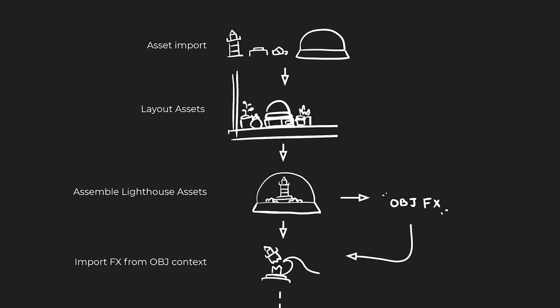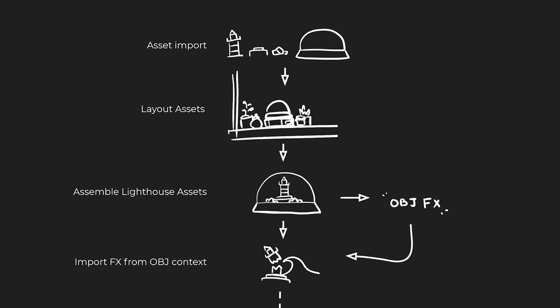I'll break it down step by step as to what I did to complete the project. This is an overview of that. First, I assembled the assets and then imported the assets into the main Houdini file. There, I brought in some other assets that were already prepared.